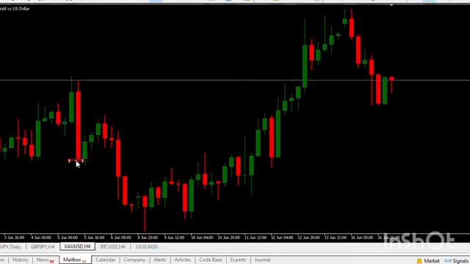So wicks help us to identify reversals in the market. When you pick your candlestick, you see there is a tiny part inside of it. This very part, where my mouse is, is called the wick or the shadow.